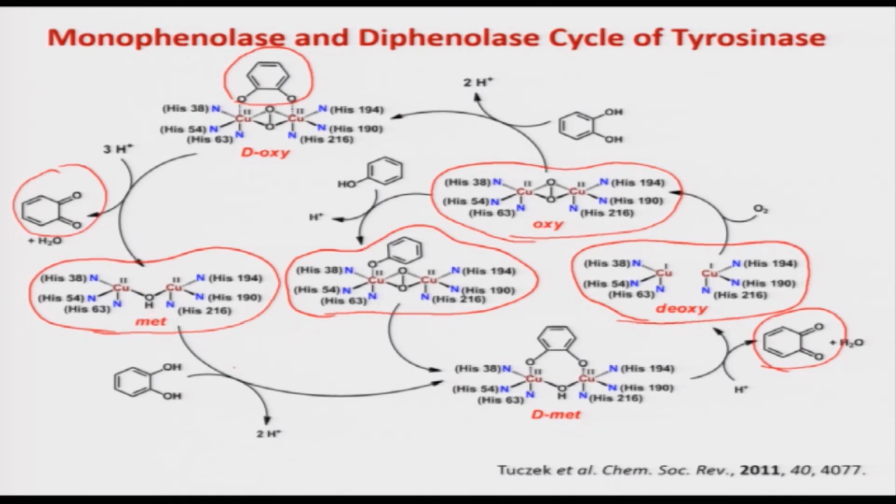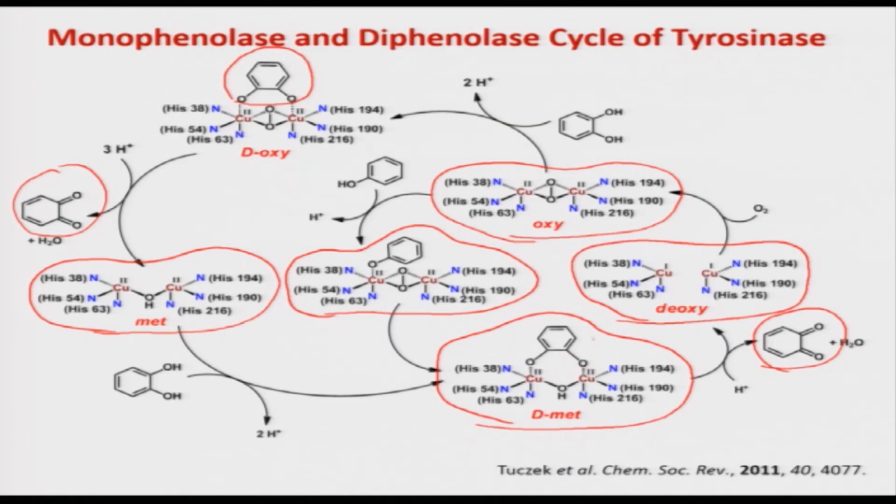Once again, one more catechol or diphenol unit comes and binds to this, and as you can see, this is the met form with two copper 2 centers, and this is also diphenolate.